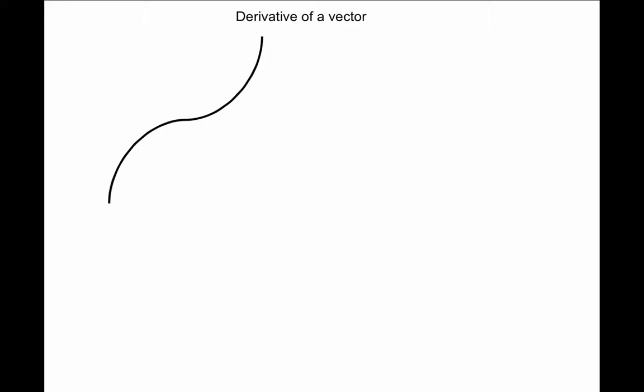To be quite general, let's imagine an arbitrary curve, maybe a piece of wire that's been bent into this shape, and imagine that there's a particle which moves on it at time t1. It's moving in this direction with some speed, so its velocity vector is v at time t1. At a later time, it is here. This is time t2, and the velocity vector is now v of t2.